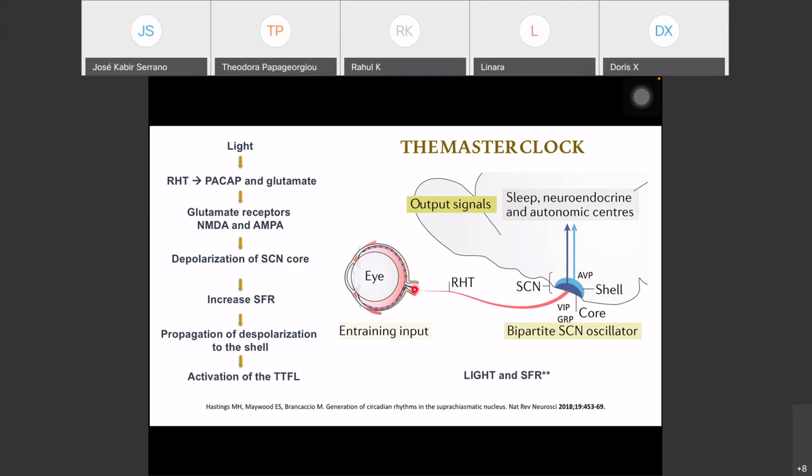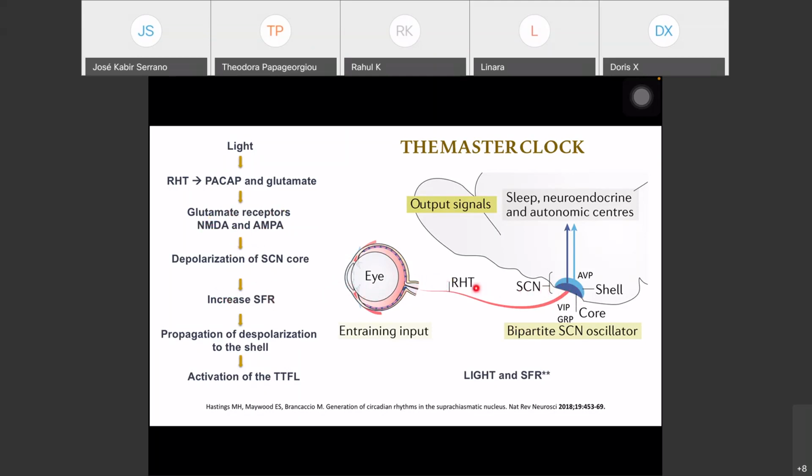And once the retinohypothalamic tract detects light, it will release a polypeptide called PACAP and glutamate that they both will bind to glutamate receptors types NMDA and AMPA. That will cause a depolarization of the core of the suprachiasmatic nucleus, and this will increase the spontaneous firing rate.